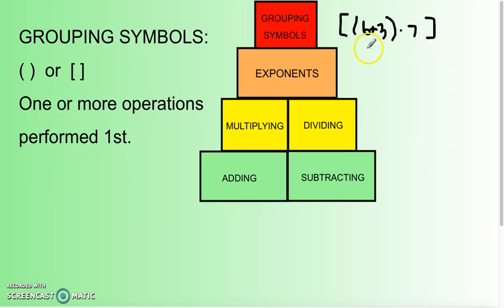So for instance, if I have brackets and inside there I have a math sentence, or we call it an expression, and this says 6 plus 3, and there's parentheses around it. So parentheses would come first. What this means is I'm going to do this math expression first.